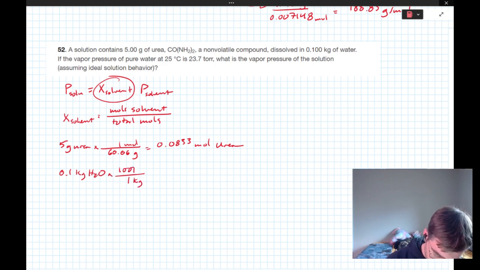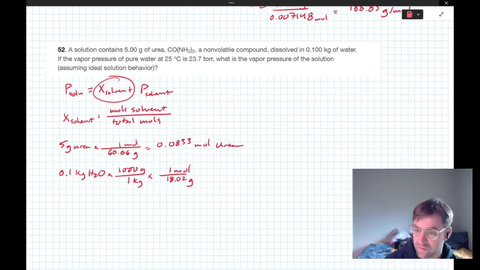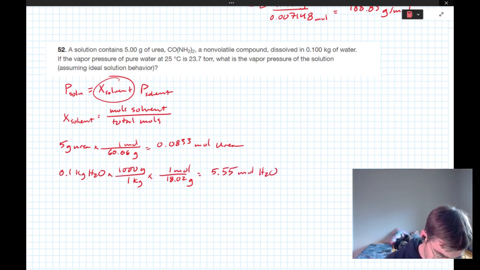Per kilogram, there are 1,000 grams. And per mole, there are 18.02 grams of water, which gives us 5.55 moles of H2O, of solvent.